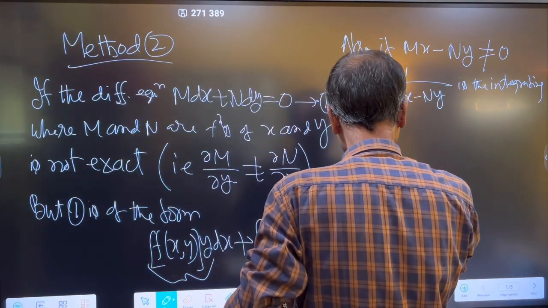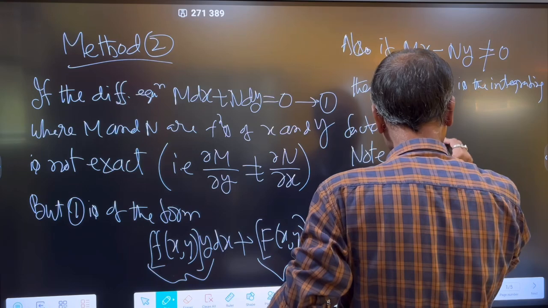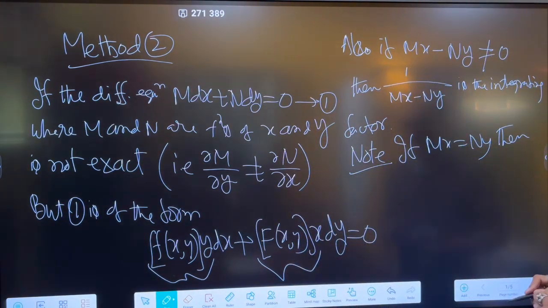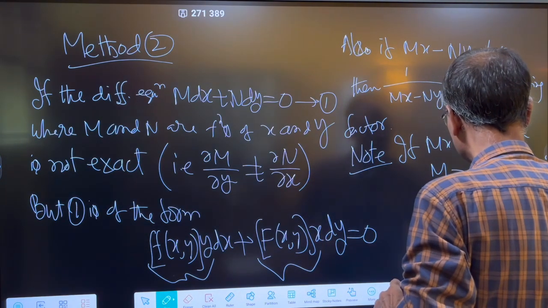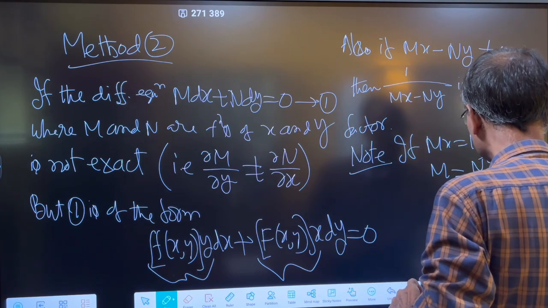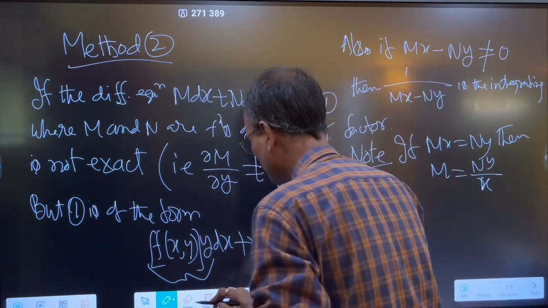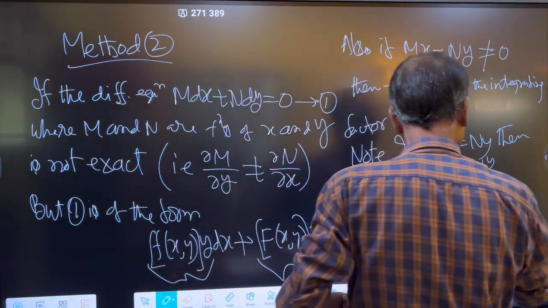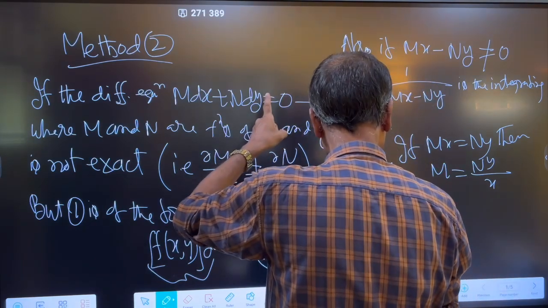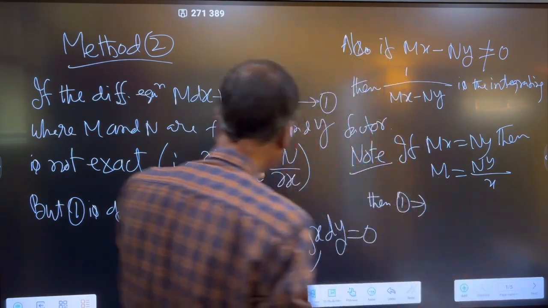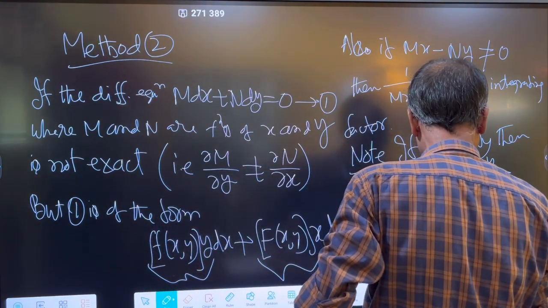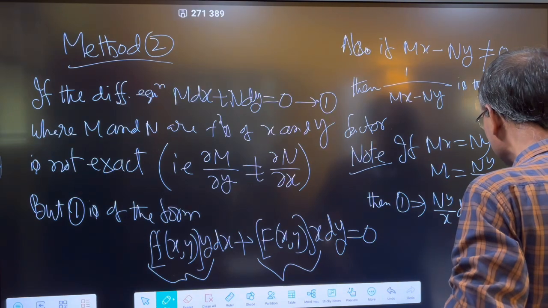Now if Mx equal to Ny, then what? Suppose M equal to Ny divided by x. Then for M you may write Ny by x dx plus N dy.